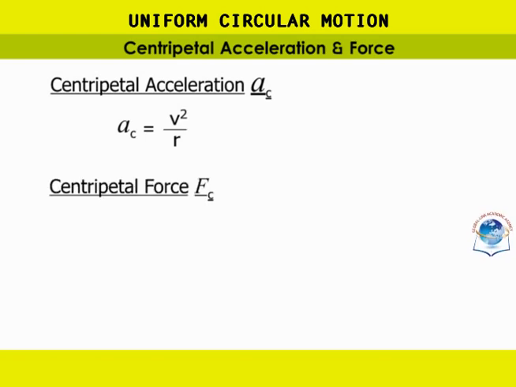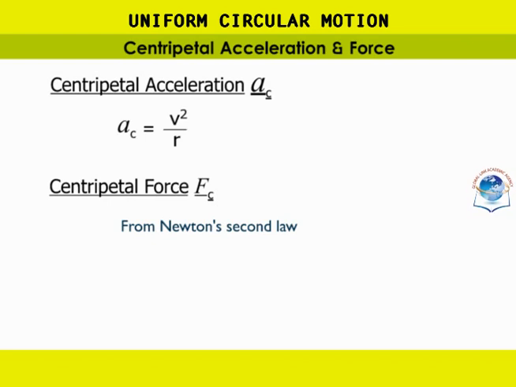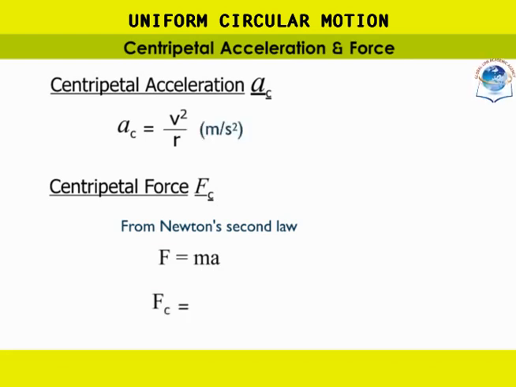How about the centripetal force? From Newton's second law of motion, force is equal to mass times acceleration, or ma. And we already have centripetal acceleration, and therefore centripetal force is equal to mv squared over r. Its units are newtons.